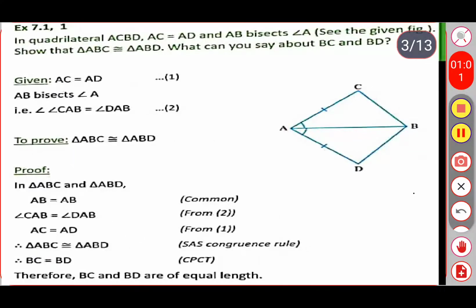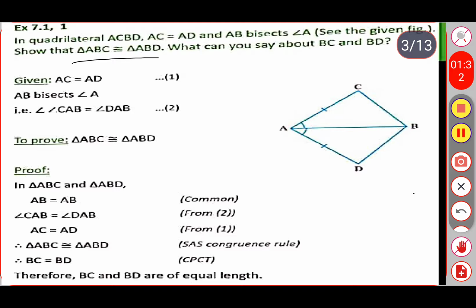In quadrilateral ABCD, AC is equal to AD and AB bisects angle A as seen in the given figure. Show that triangle ABC is congruent to triangle ABD. What can you say about BC and BD?